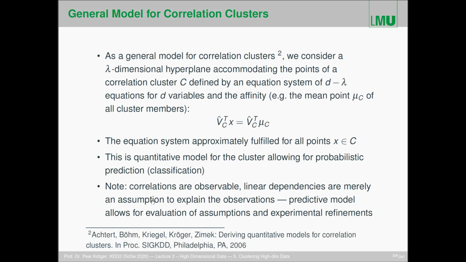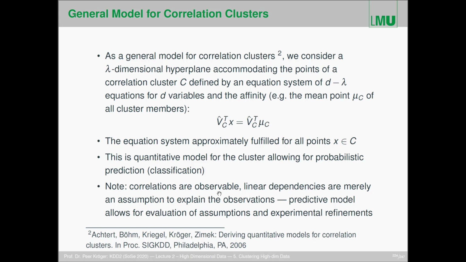Yeah. So just one note: correlations are observable. Linear dependencies are merely an assumption to explain those observations. Well, we see some patterns like correlations here, and we try to explain them by linear dependencies.